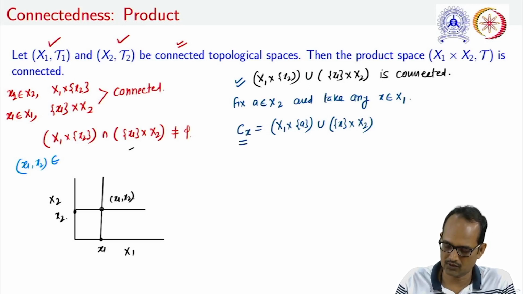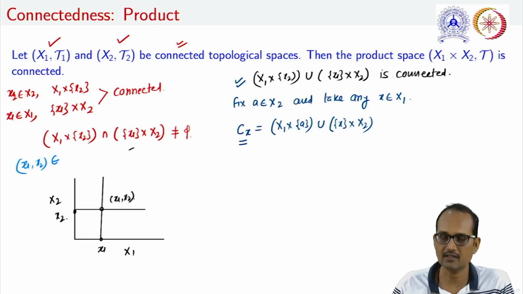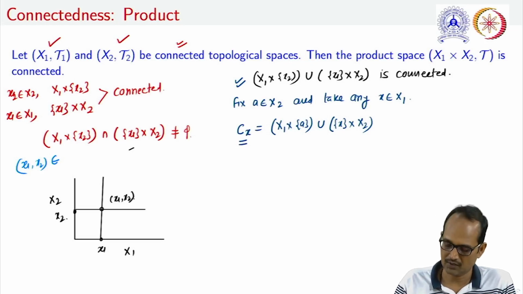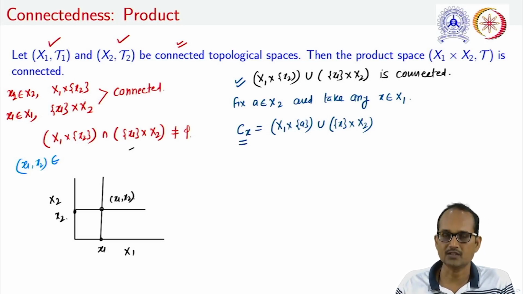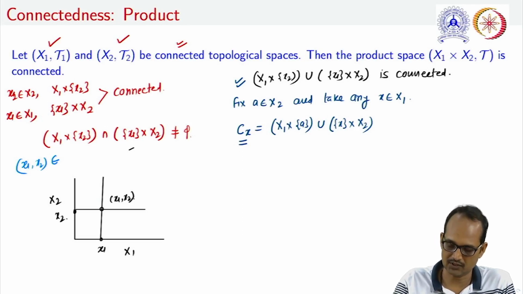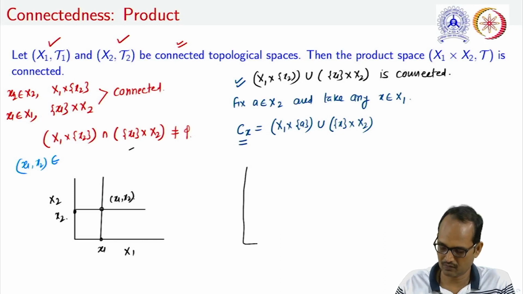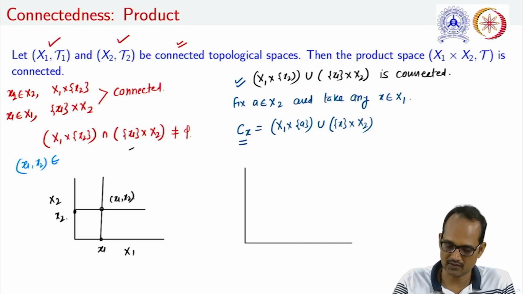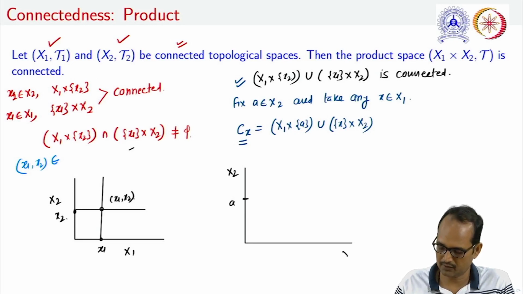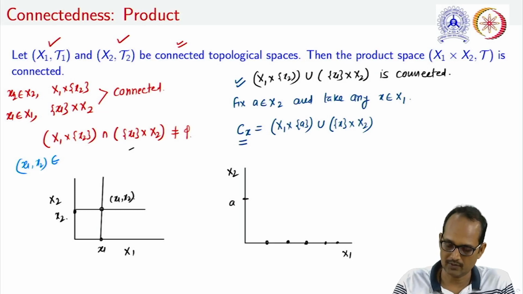We are using this notation as we have already seen that this is connected. Now, if we want to visualize what it is, note that it is representing these sets. We have fixed a here on x2, and this is our x1. Corresponding to every x, we can construct a Cx.